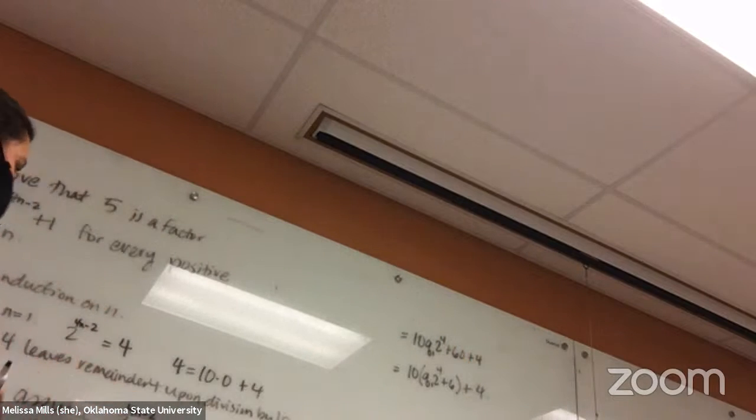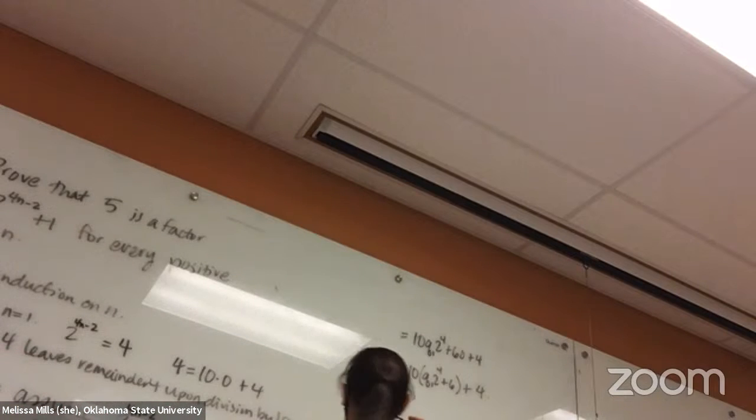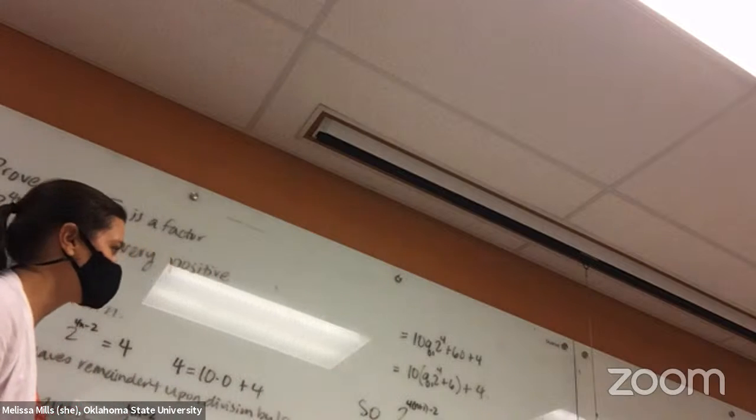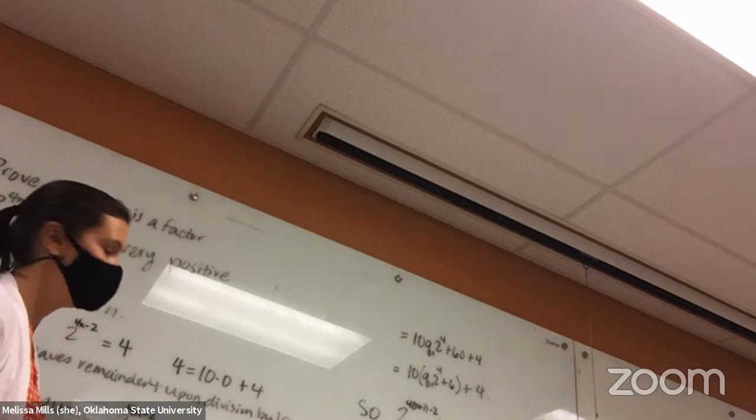So this guy leaves remainder 4 upon division by 10. So 2 to the 4(n+1) minus 2 plus 1 equals 10 times that stuff plus 5, which is divisible by 5. So that works. Very nice.